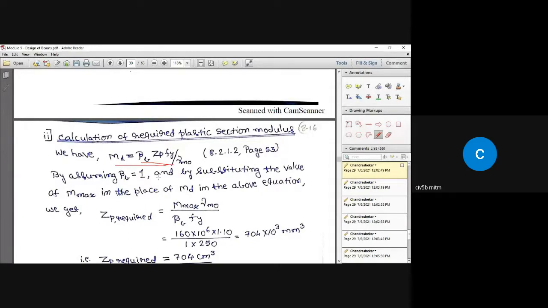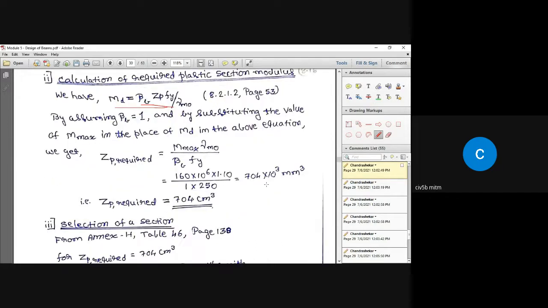Assume beta B equal to 1, that means assume the section is plastic or compact. Find out what ZP required is. Call this ZP required equal to, in place of MD, we put the Mmax value, that is the maximum bending moment caused by the design load.